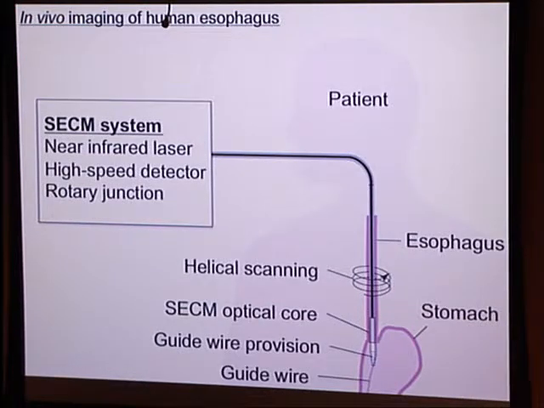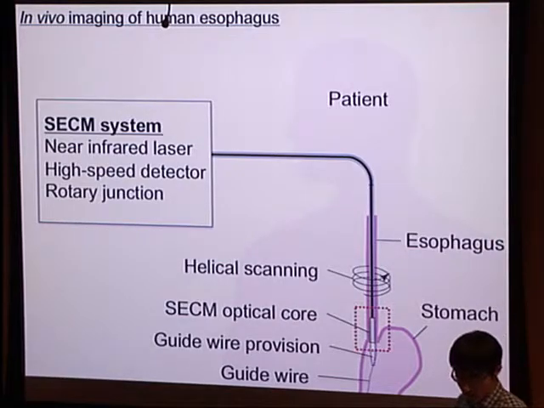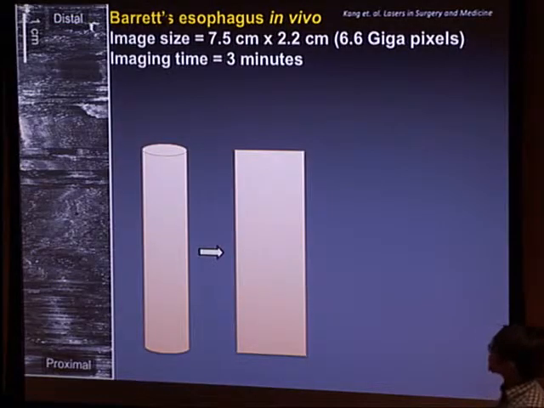So what we did was we first placed something called a guide wire that guides the introduction of the device into the esophagus. And then once it's positioned properly, it gets pulled back and rotated to generate this helical scan. And then we do large area imaging. So this is the kind of data set that we're grabbing.